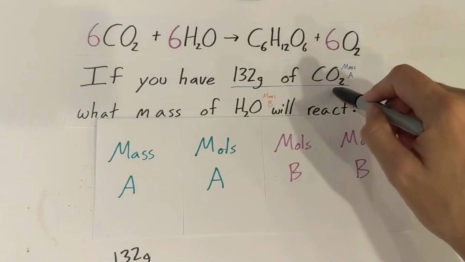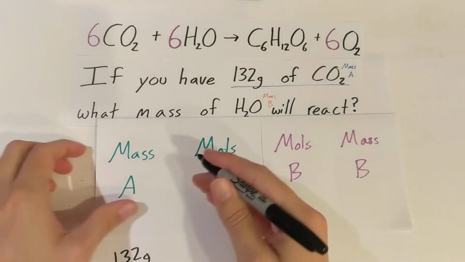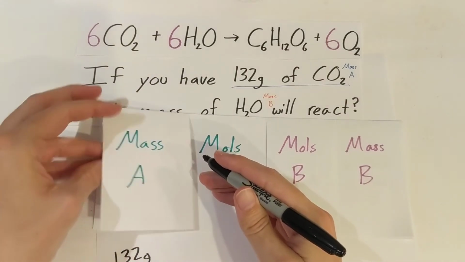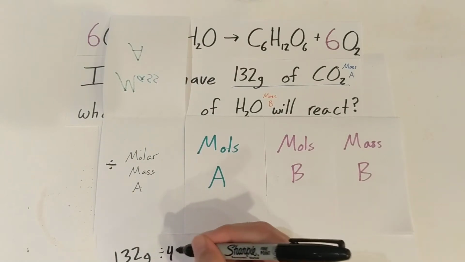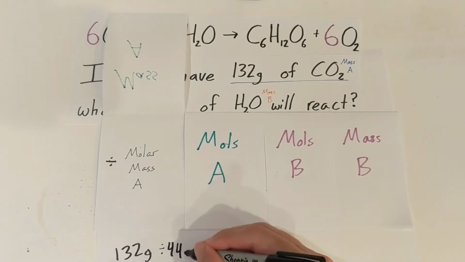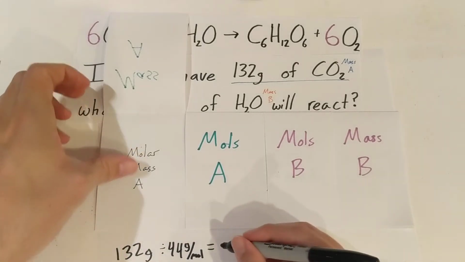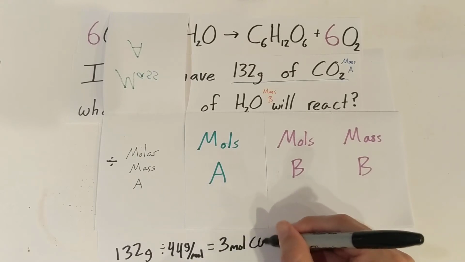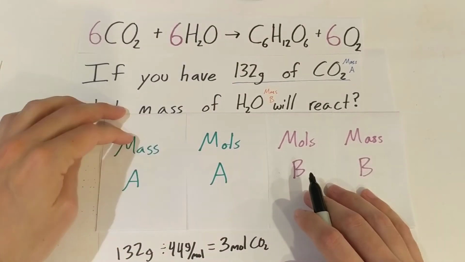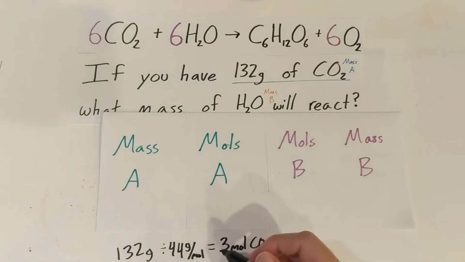For carbon dioxide, our molar mass is 44 grams per mole. So we are going to divide by 44 grams per mole, and we'll get 3 moles of carbon dioxide. So now that's our first step. It brings us to moles of A, 3 moles of carbon dioxide.